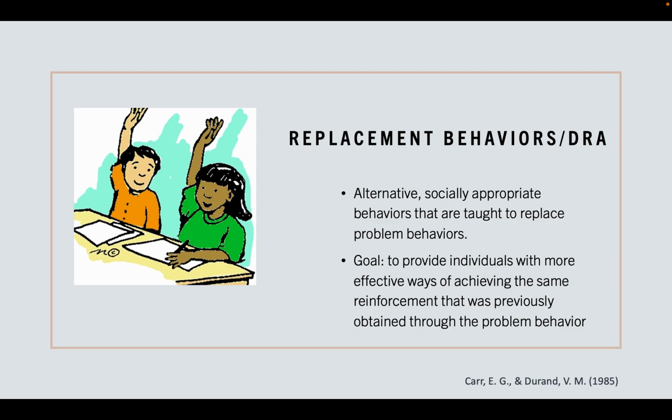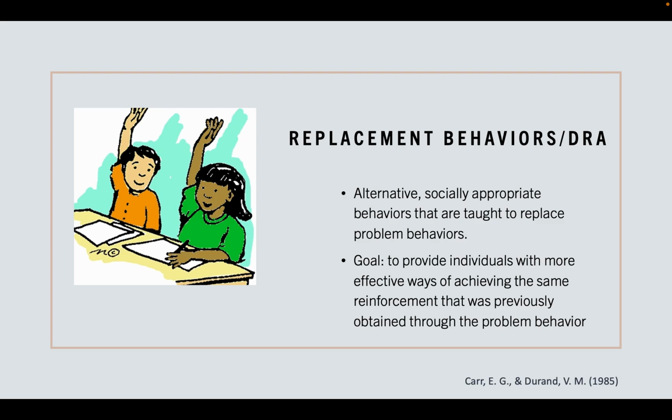Like I previously mentioned, a great thing to do here would be to teach replacement behaviors. Replacement behaviors in ABA are alternative and socially appropriate behaviors that are taught to replace problem behaviors. The goal of teaching replacement behaviors is to provide the individuals with more effective ways of achieving the same reinforcement that was previously obtained through the problem behavior.